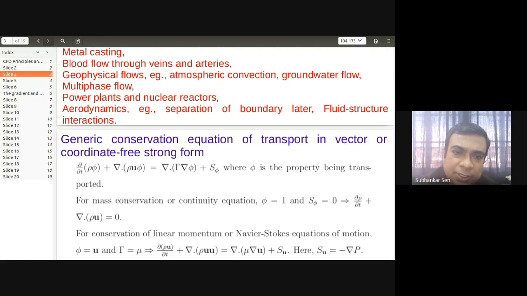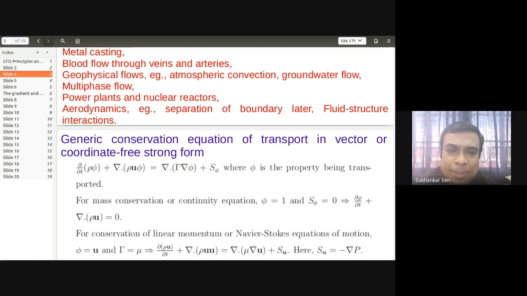So this boldface u represents the velocity vector. So this is a vector. So if phi becomes boldface u, then this term becomes rho u u, the momentum flux. So this momentum flux is a tensor quantity. It is a second order tensor quantity.